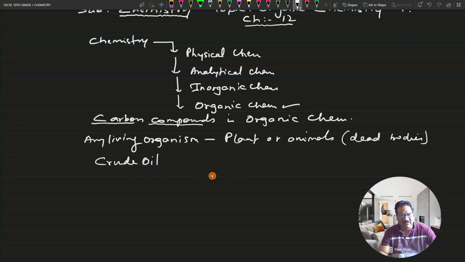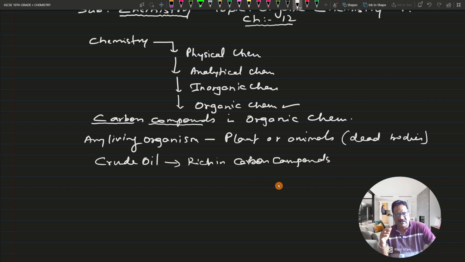Now crude oil is something which is rich in carbon compounds, and it is formed and present inside the earth, in the rocks and in the earth's crust. This crude oil is now being removed from the earth's crust and then processed.